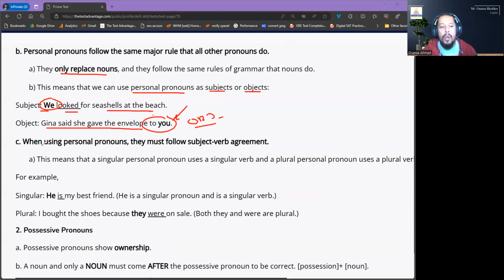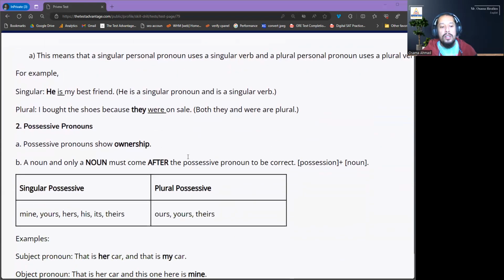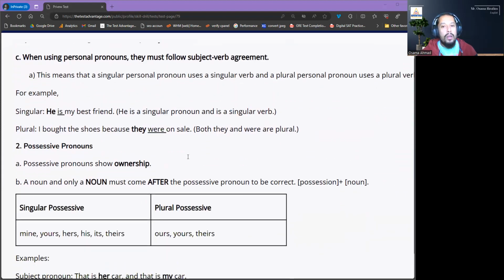Part C. When using personal pronouns, they must follow subject-verb agreement. وده مهم, صح؟ يعني إيه subject-verb agreement? Singular subject, singular verb. يعني إيه subject pronoun agreement? Singular pronoun, singular noun. Plural pronoun, plural noun.